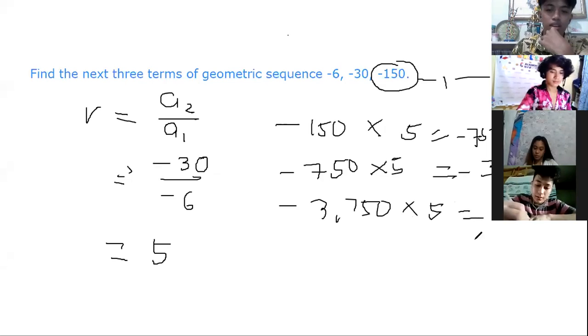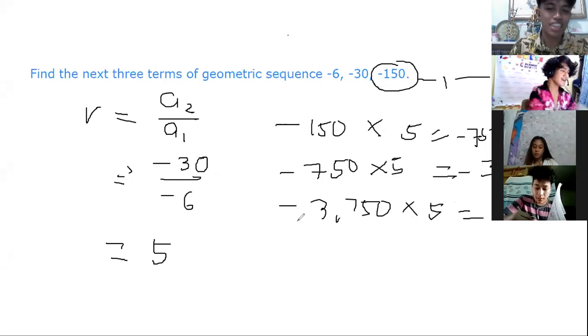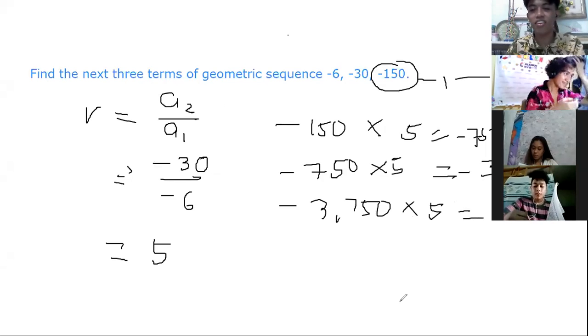Negative 18,750. 18,750, Nicolay. Yes. Sige, tingnan natin kung tama, ha? 18,750 yung sagot mo? Opo. Okay, sige. Let's see. Okay, that is the correct answer. Negative 18,750.